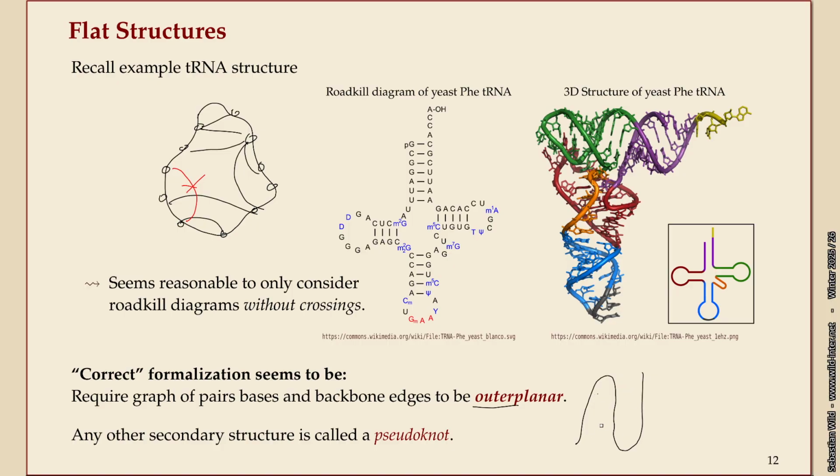Okay, let me draw it a bit more carefully. Maybe you have bonds here and here. Then this you cannot draw as an outer planar graph. There are vertices inside here that would be cut off from the outer face, but it's still not a real knot. It's one nice line. So these are pseudo-knots, but for outer planar, we'll ignore those. So we'll focus on pseudo-knot-free structures.